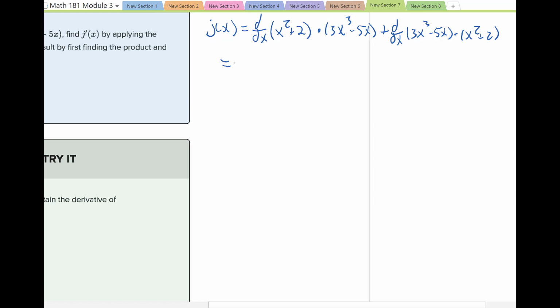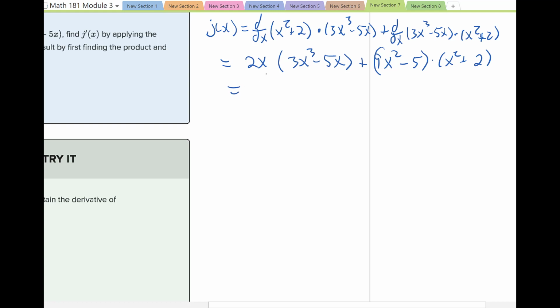So what do we have? I have 2x from the derivative of x squared plus 2. That's going to be 2x times our 3x cubed minus 5x, plus the derivative of 3x cubed minus 5x, which is 9x squared minus 5, because the derivative of 5x is 5, times the x squared plus 2.